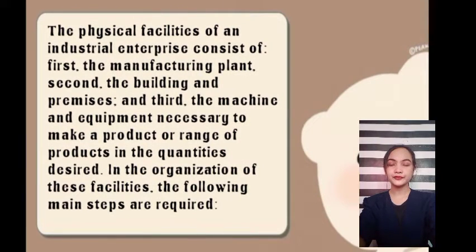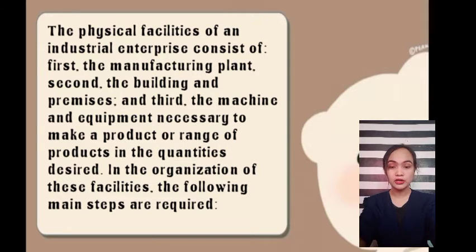So we have here the first slide. The physical facilities of an industrial enterprise consist of, first, the manufacturing plant; second, the building and premises; and third, the machine and equipment necessary to make a product or range of products in the quantities desired.